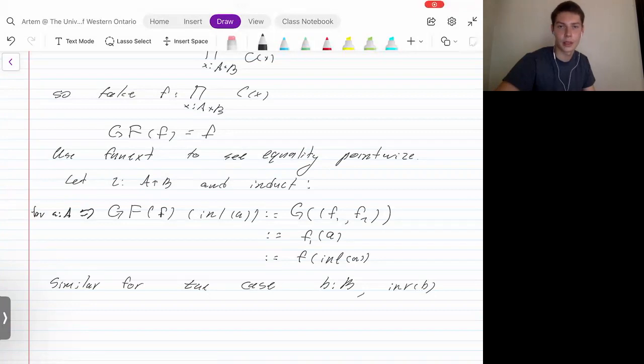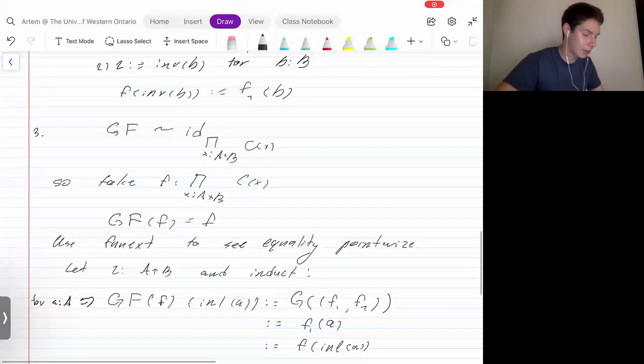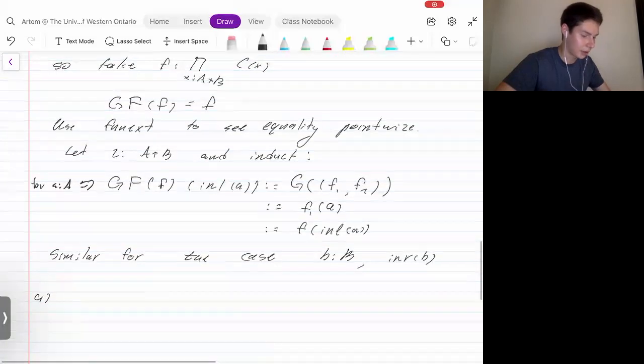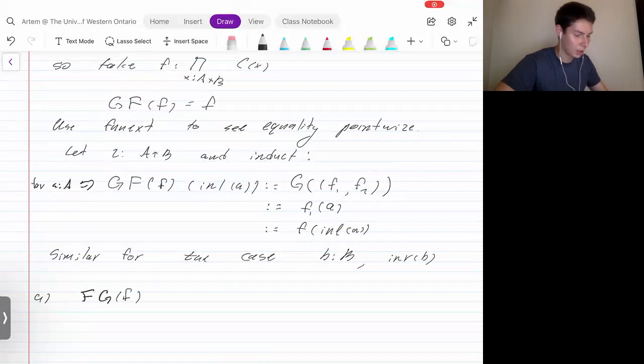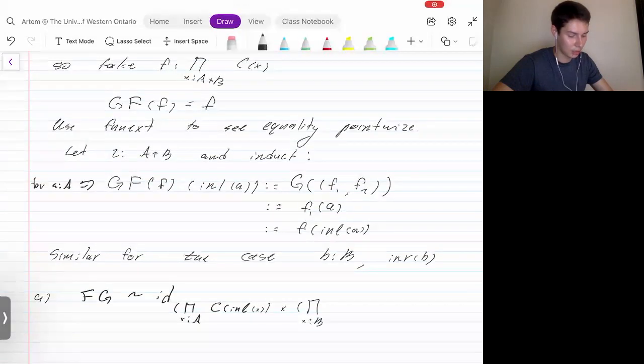So the last part of the puzzle is sort of a different direction. It's now going to be G applied to F, and we need a homotopy with this dependent function space. So this is going to be C in X times pi B in right.